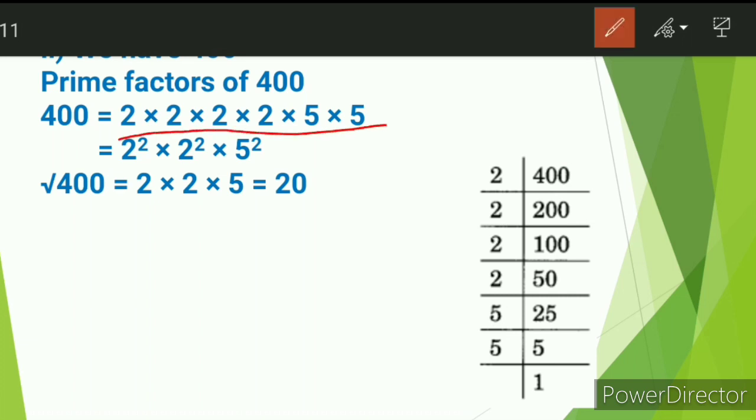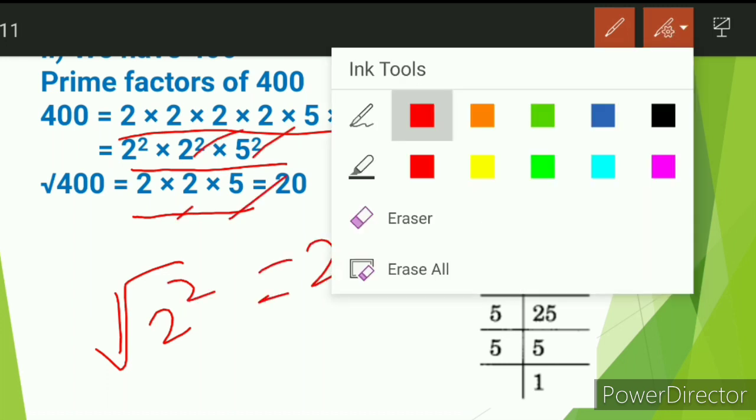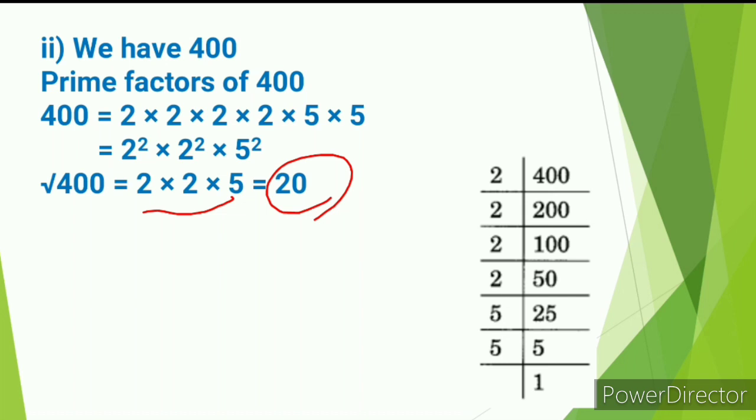After that, write in the form of squares, and then write one time: the square root of 2 square is 2, another 2 square is 2, 5 square is 5. If you multiply all these square roots, you will get 20. That is, the square root of 400 is 20. Got it, children? Copy down.